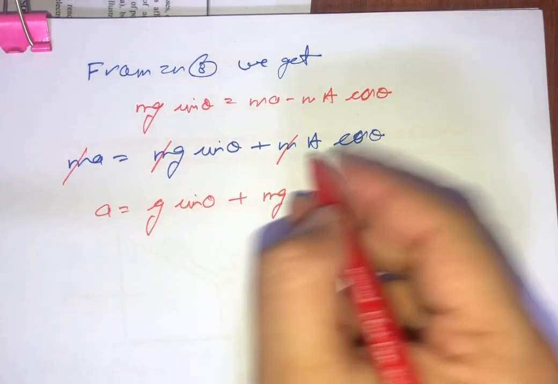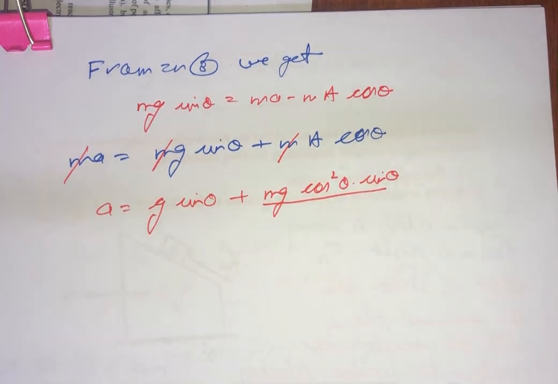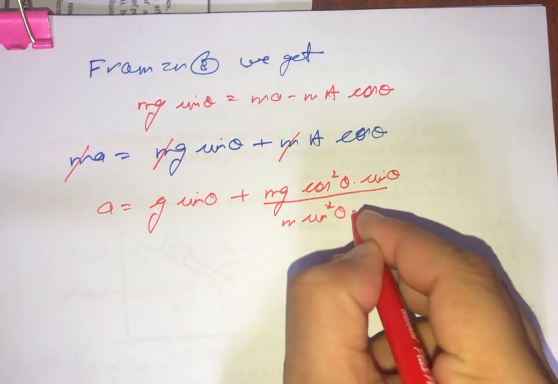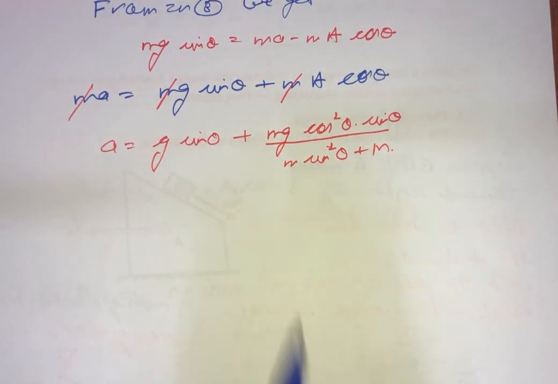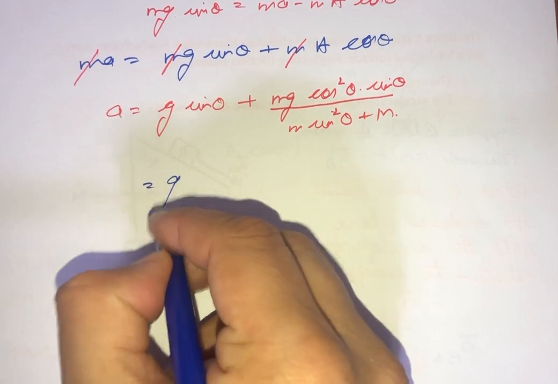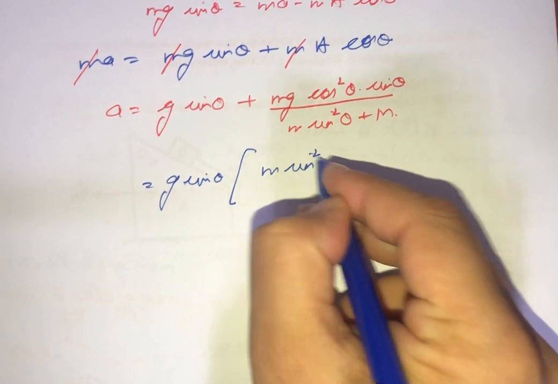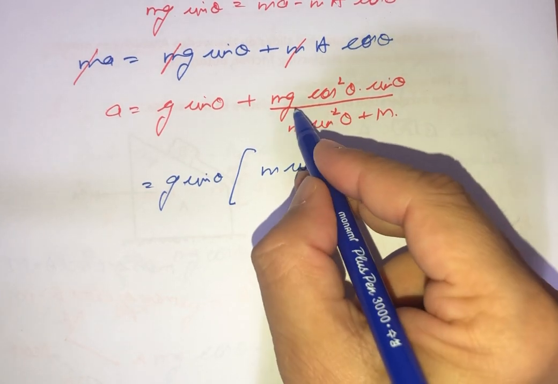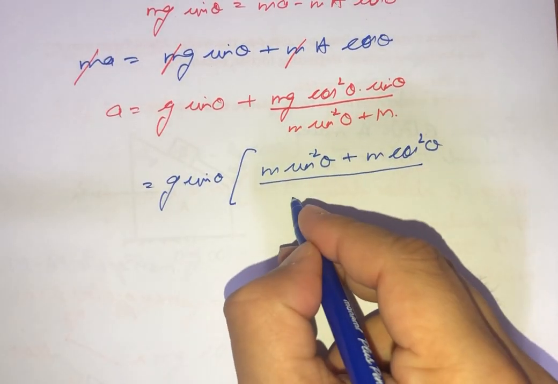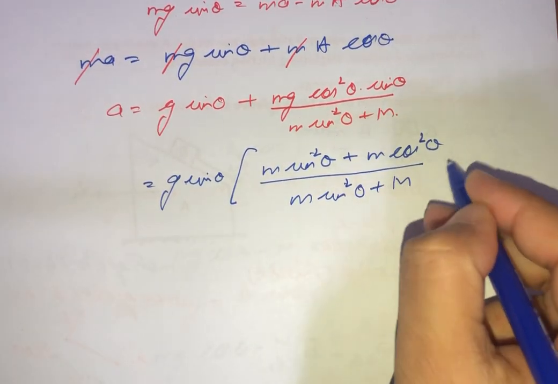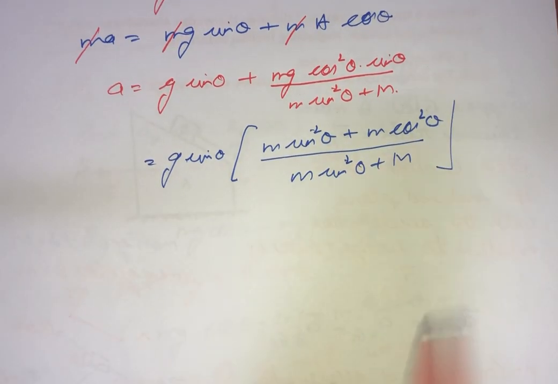so multiply this will be equal to cos square theta sin theta divided by m sin square theta plus capital M. So we can further solve it, taking g sin theta as common, and taking this as LCM we get m sin square theta plus, and g sin theta we get this m cos square theta divided by m sin square theta plus capital M. And we can take m as common, so this will be sin square theta and cos square theta, which is equal to 1.